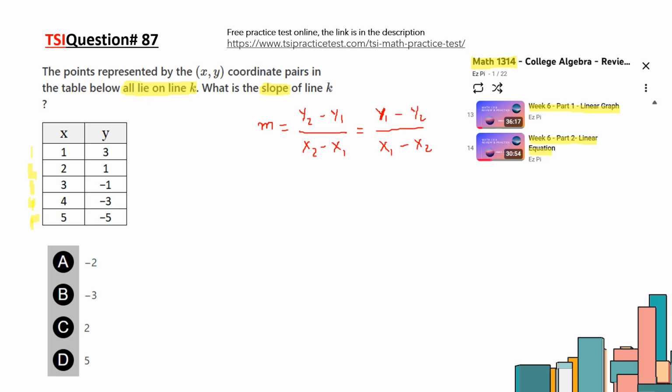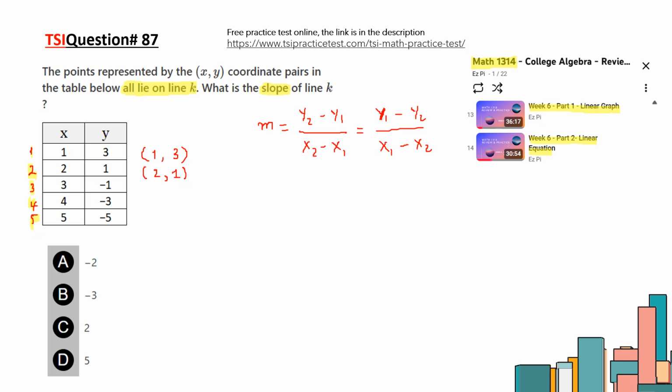So, for example, I will choose the first and the second point out of the 1, 2, 3, 4, 5 points, right? I take the first point, which is (1, 3). The second one is (2, 1). If I take any 2 points and plug in here, it will be the same, okay?